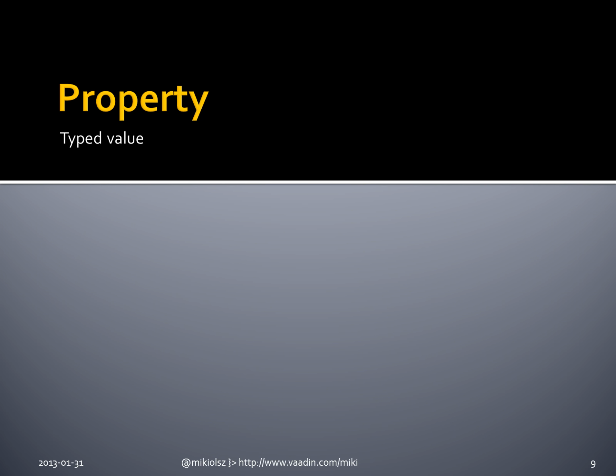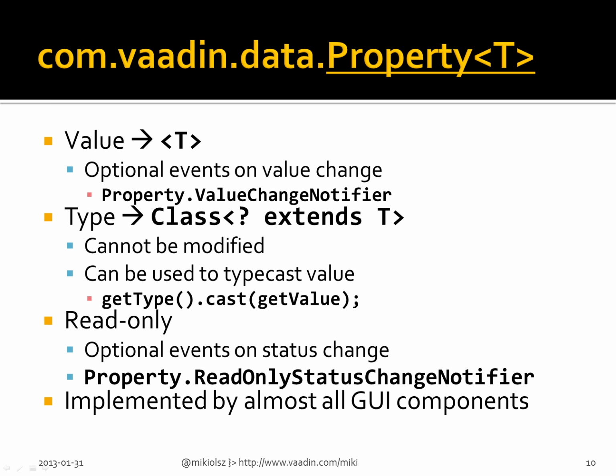Let's start with the property. As I said at the beginning, this is a typed value. So there is very little extra magic around that. It's just a value and a type, and it's generic over the type of the value. We have built-in support for read-only status, so we can mark a property as read-only, meaning we will not be able to change the value it has. Of course, we can listen to changes in that status. The type of the property cannot be modified through an interface.